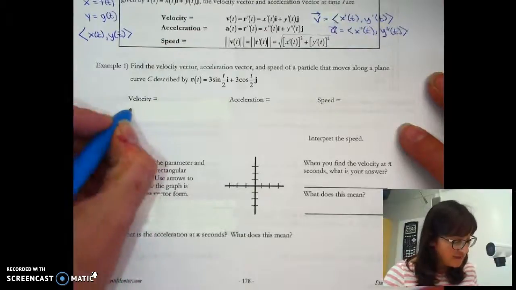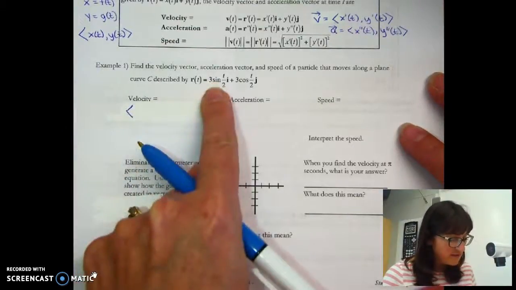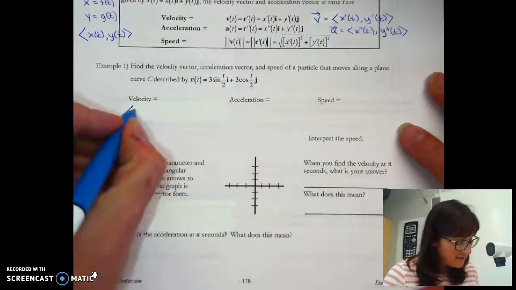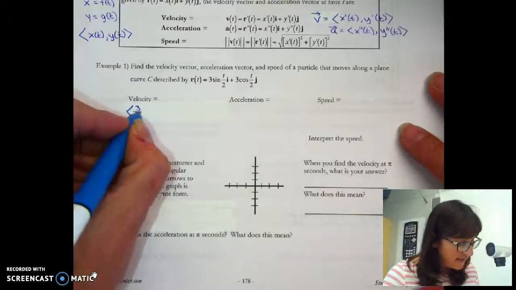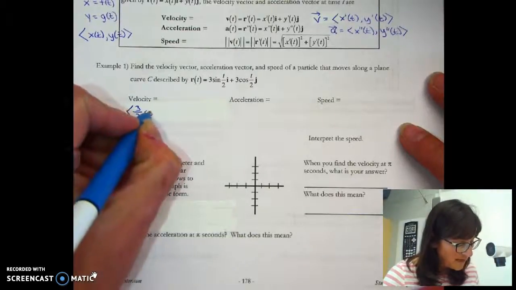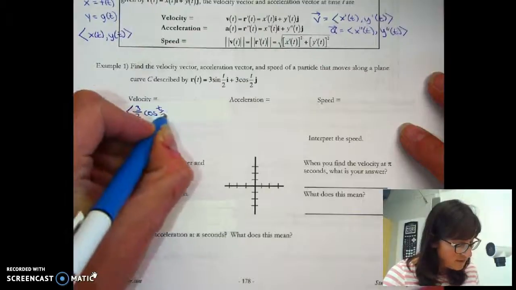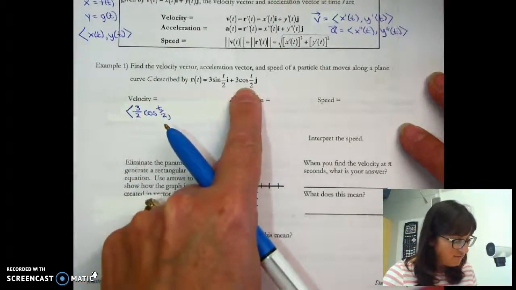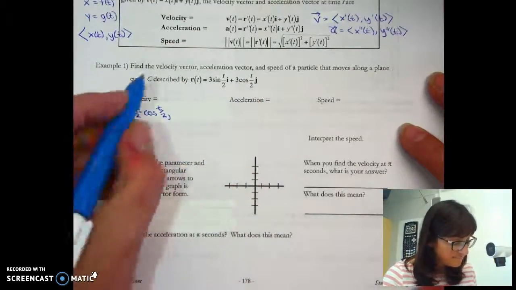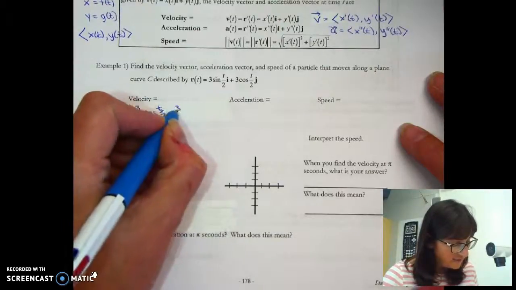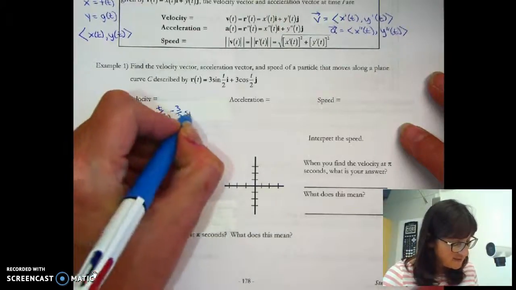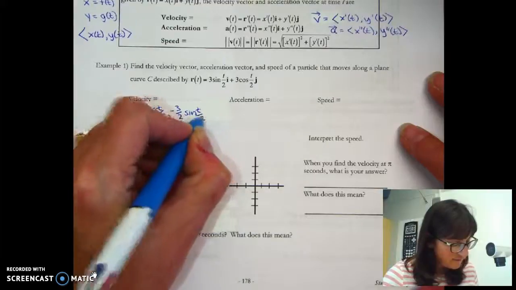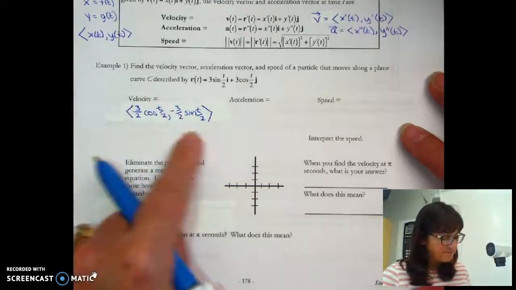So the velocity vector, I simply have to take the derivative of the x coordinate, so that's going to be 3/2 cosine t over 2, and then I take the derivative of the y component, and so that's going to be negative 3/2 sine of t over 2. And that's my velocity vector.